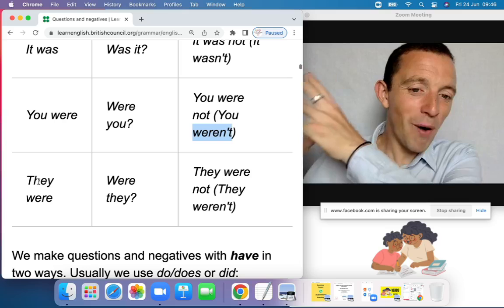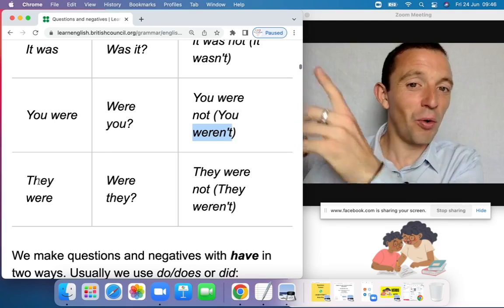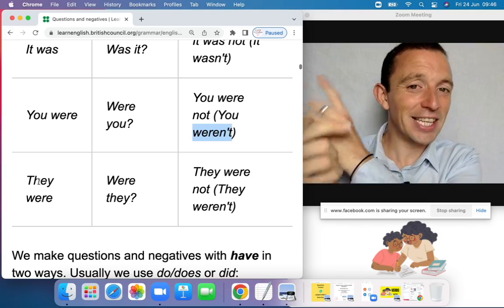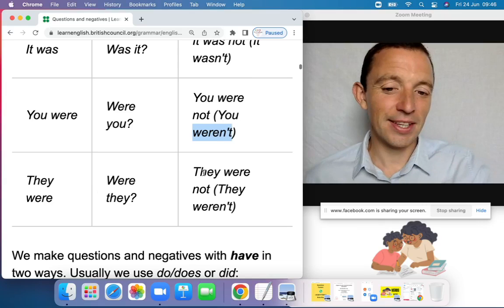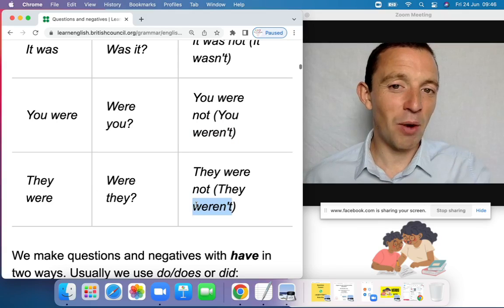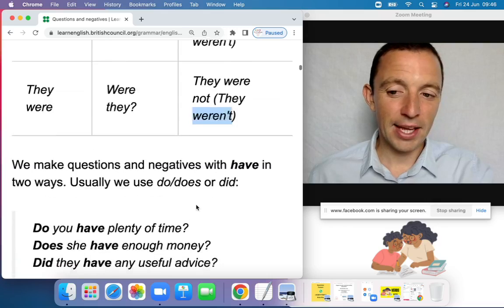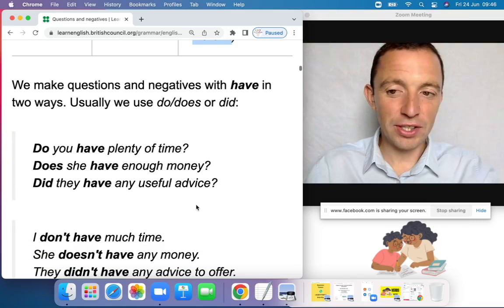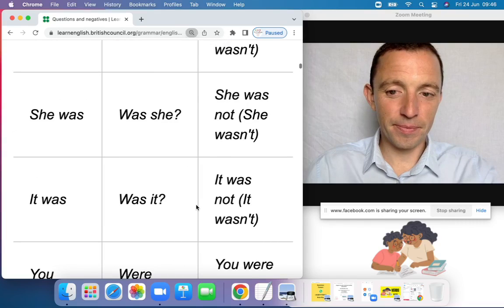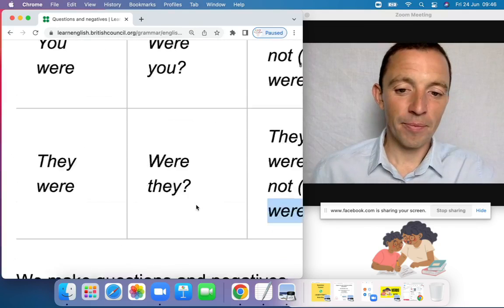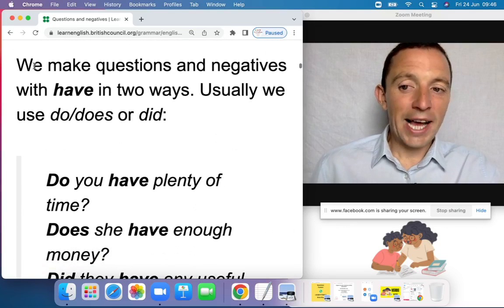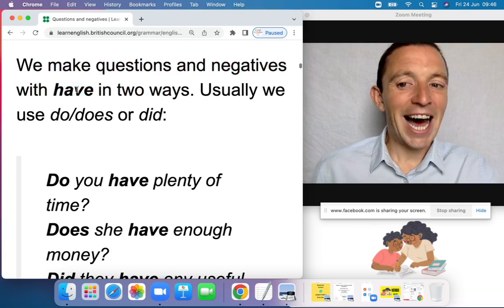Plural, they were. Question, were they? Negative, they were not, or contraction, they weren't. So again, the same pronunciation, they weren't for me. So let's continue to the next section here, and I'll just zoom in again. We make questions and negatives with have.